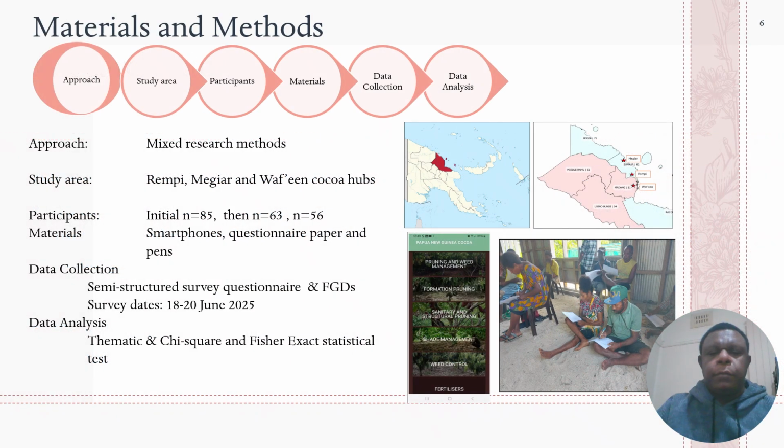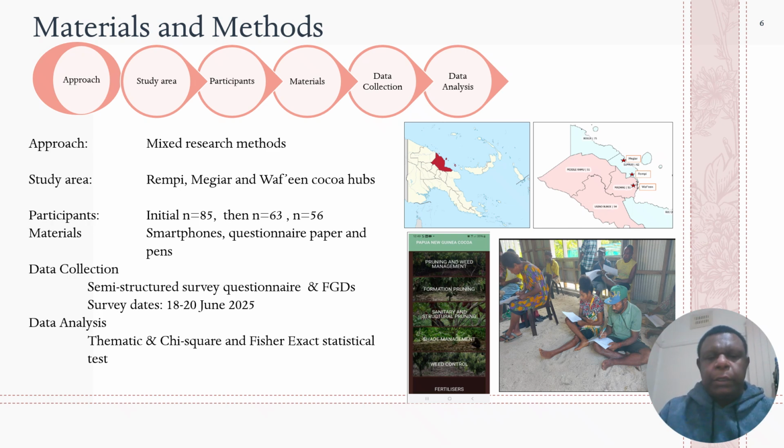Moving to materials and methods, the approach is mixed research methods. The study area again is in Madang Province with three cocoa hubs in Rempi, Magyar, and Wafin. The number of people who participated in the survey was 85 overall. After quality control, it went down to 63 and then to 56.